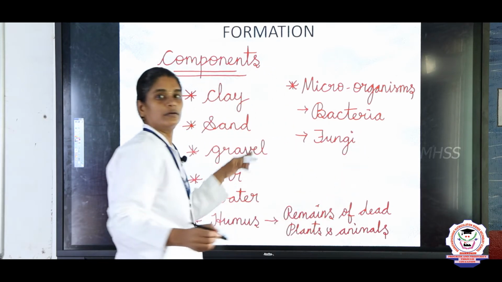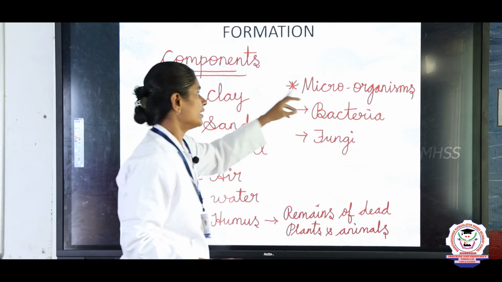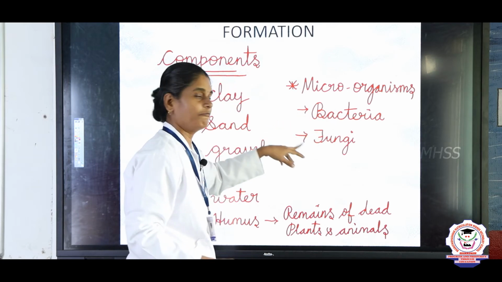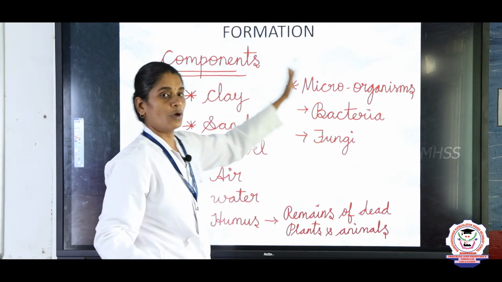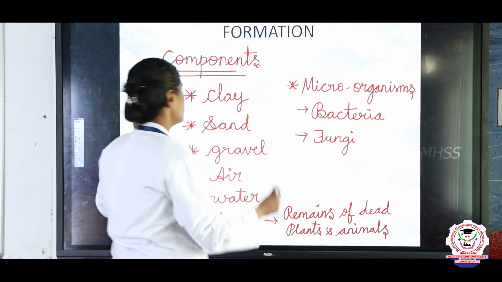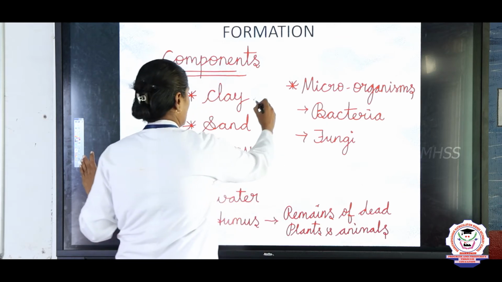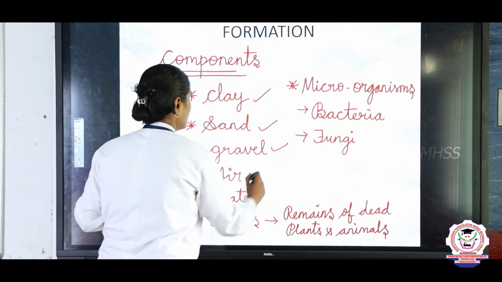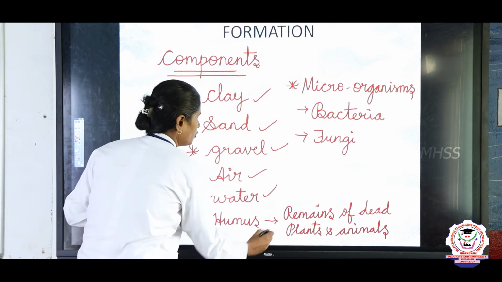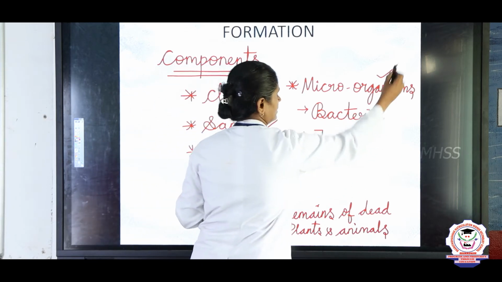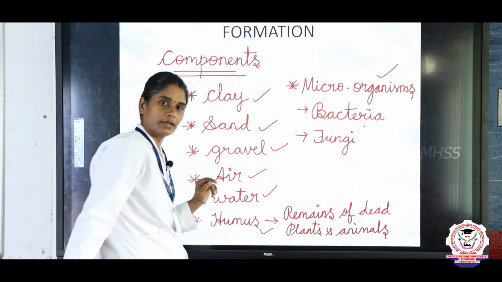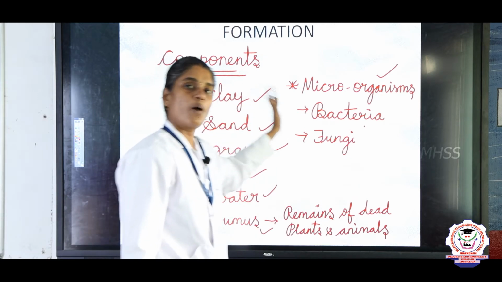So, the soil also contains microorganisms like bacteria and fungi. What does the soil contain? Clay, sand, gravel, air, water, humus, and also microorganisms like bacteria and fungi, right. These are all the components of soil.